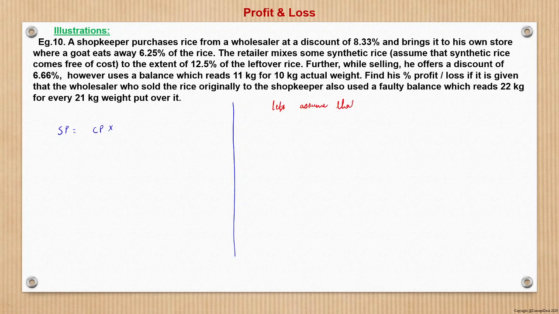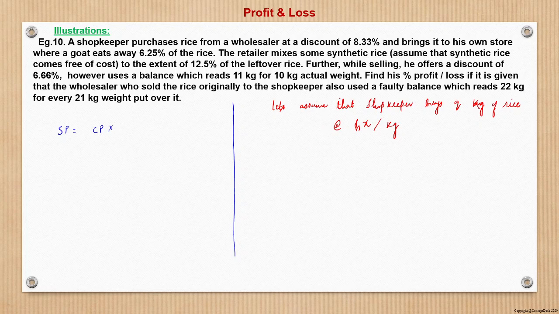Let's assume that the shopkeeper buys Q kg of rice at X per kg price, at rupees X per kg.